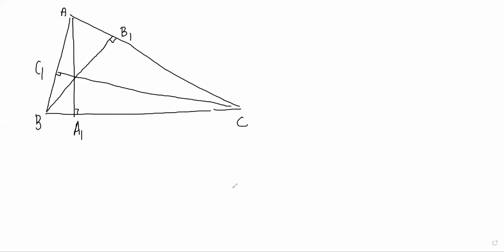So these are the three altitudes, and H is the orthocenter. You have to prove that AH into HA1 is equal to BH into HB1 is equal to CH into HC1.